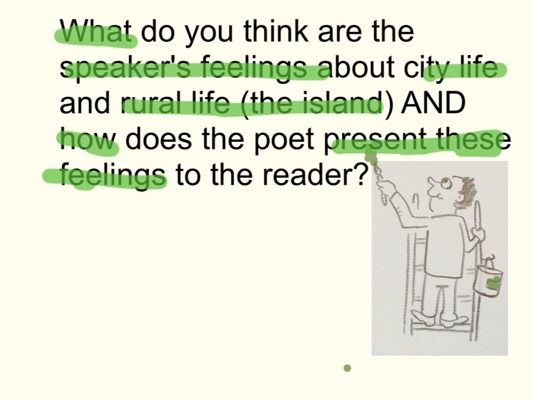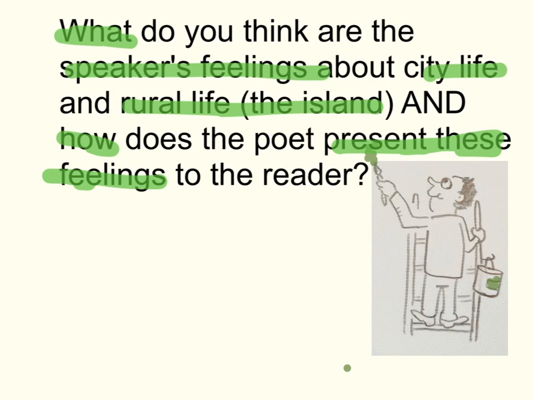Okay then, here is the question, complete with highlighted keywords. What do you think are the speaker's feelings about city life and rural life, the island? And how does the poet present these feelings to the reader? Oftentimes you'll get the question shaped like this, where the first bit is looking at what the theme is, and the second part after 'and' is thinking about how, what language techniques, what methods, what structural techniques are used to present that theme.